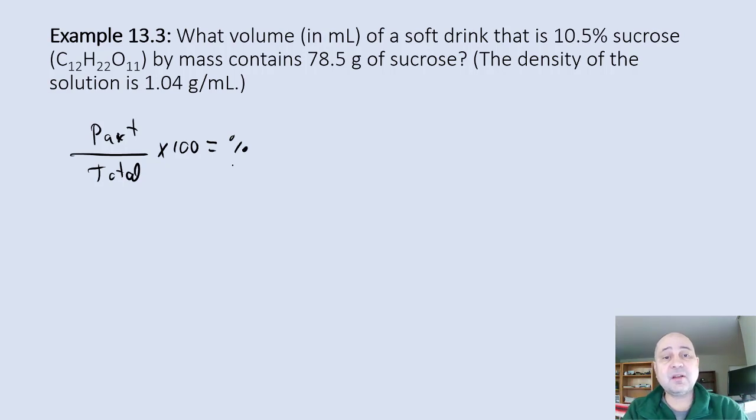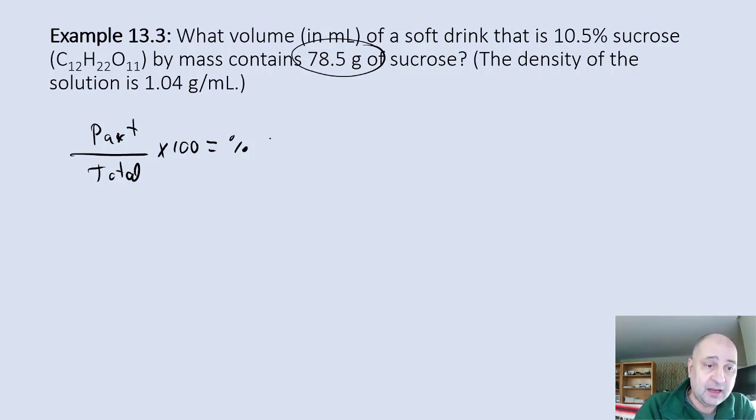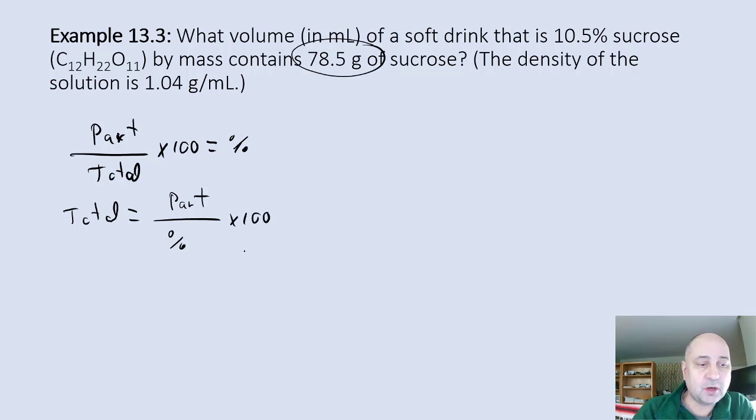And so we are given the part, right, 78.5 grams. And we're given the percentage, but we're asked for the total, right? So what volume of the soft drink do we need? And that's the total. So we want to solve for total. So you multiply by total and you divide by percent, and then the total equals the part divided by percent times 100.